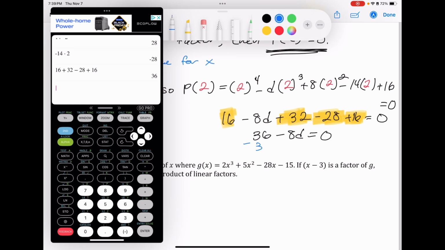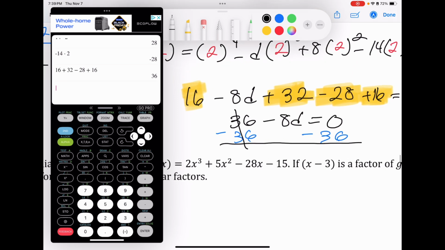Let's subtract 36 from both sides. That is the inverse of having a positive 36. So we have negative 8d equal to 0 minus 36. That's negative 36.